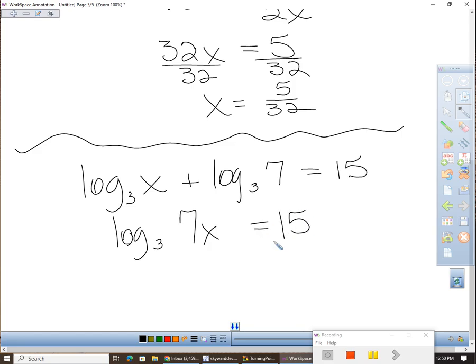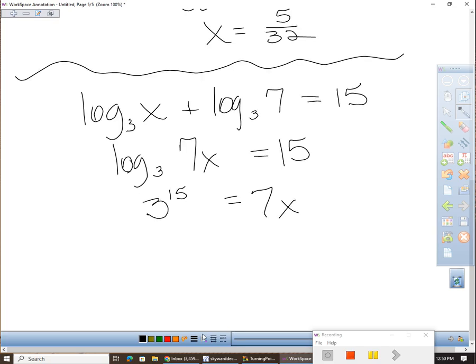So now, we take our base, raise it to the 15, equals 7x. Then we go to our calculator. We get 3 to the 15th power, 14,348,907 equals 7x.